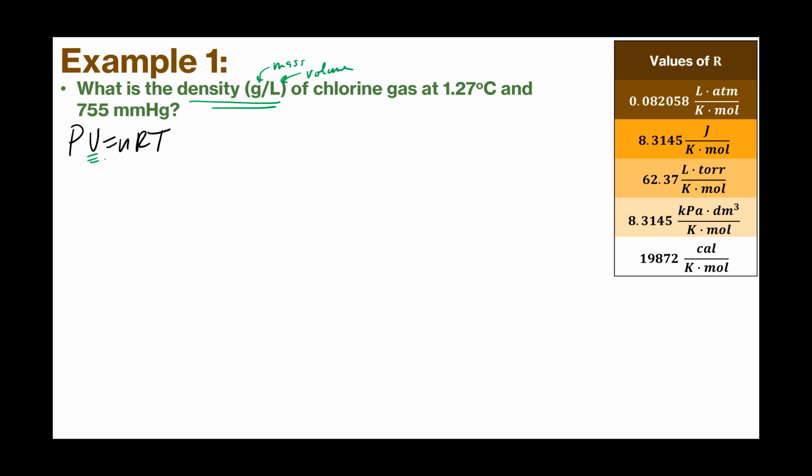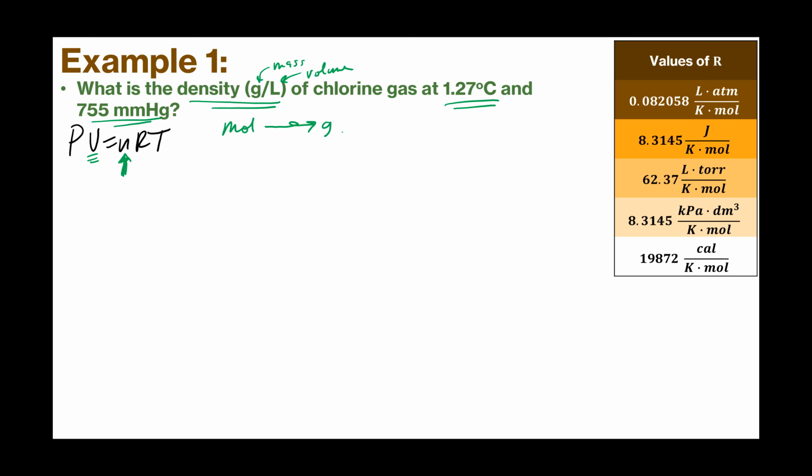If we think about it, we were given temperature and we were given pressure, so our problem here is probably moles. So let's ask this: if we have moles, can we get grams? Yes, we can, because we know molar mass.